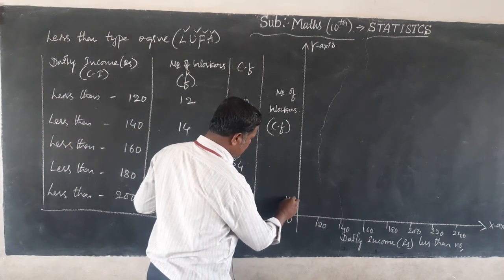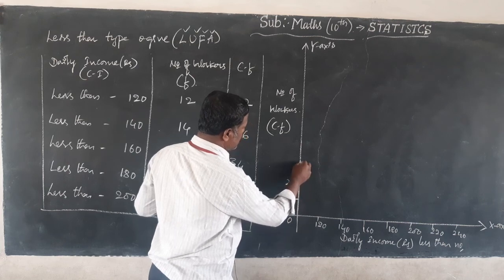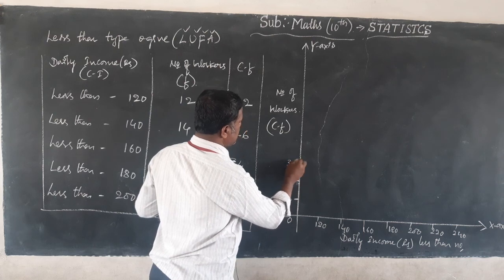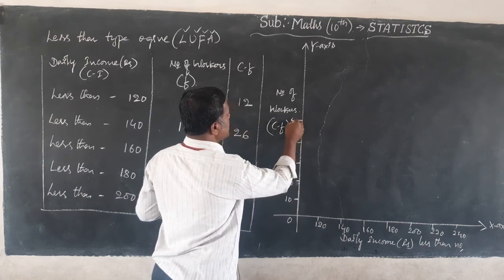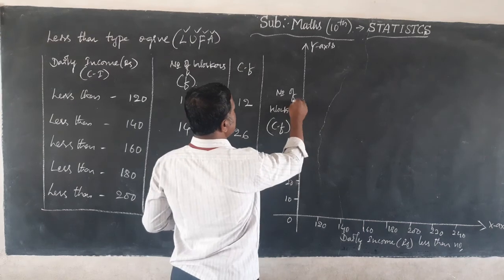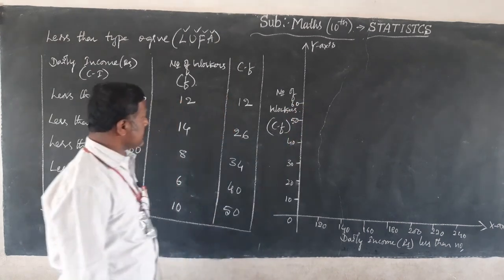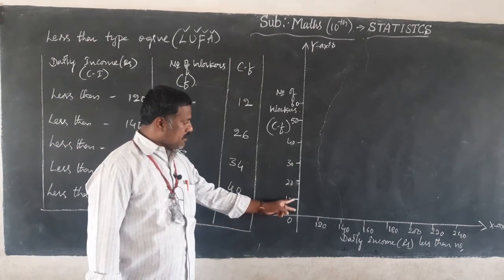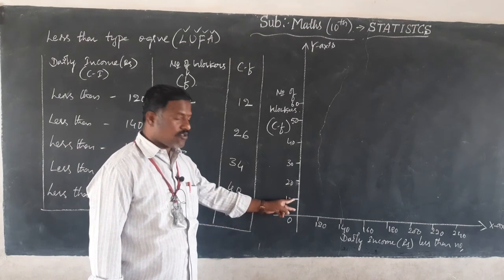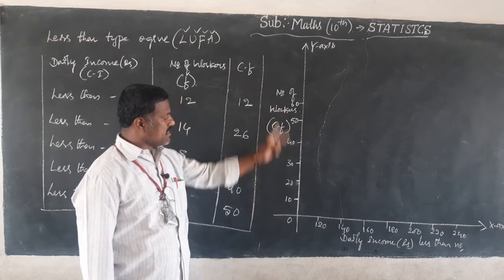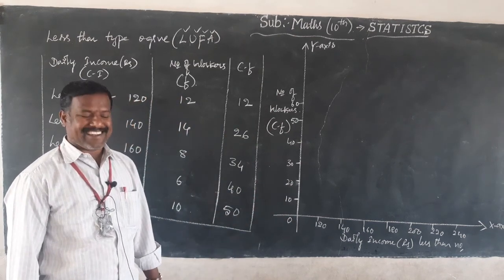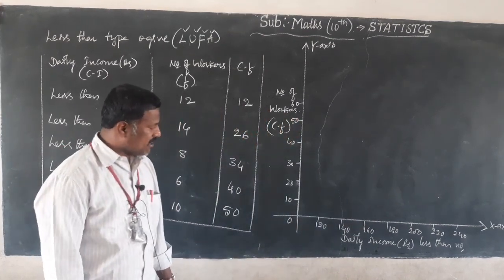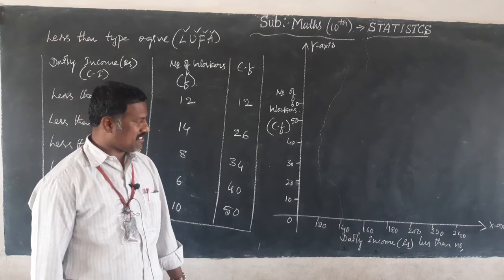Let us take 10, 20, 30, 40, 50, 60. Enough, children. So on the y-axis each centimeter equals 10 units, and on the x-axis each centimeter equals 20 units.